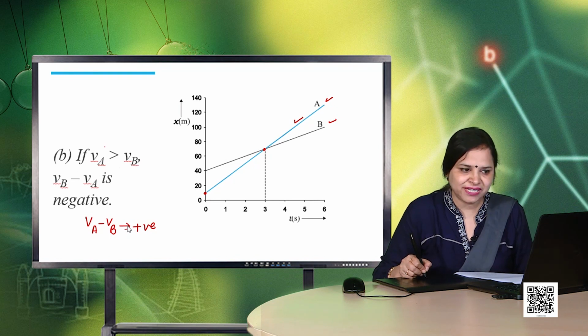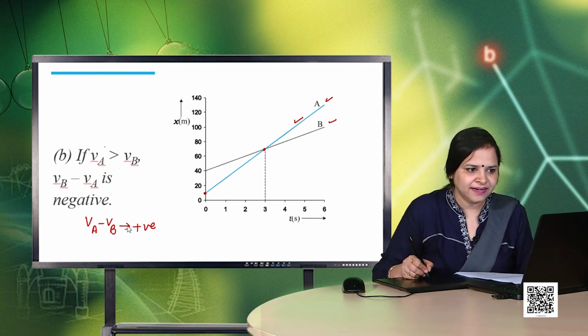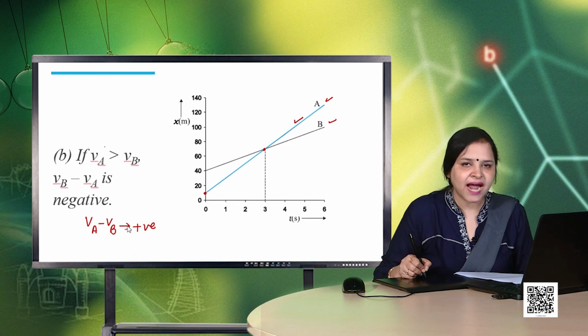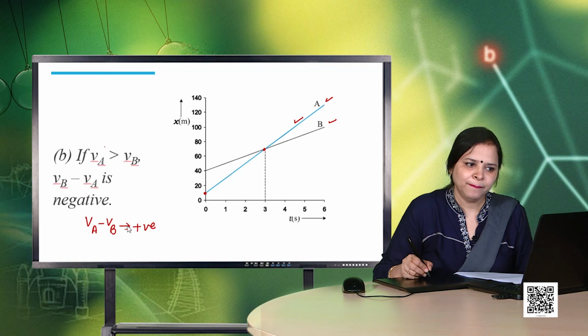So in this situation we can see that at 3 seconds, both the objects will meet.